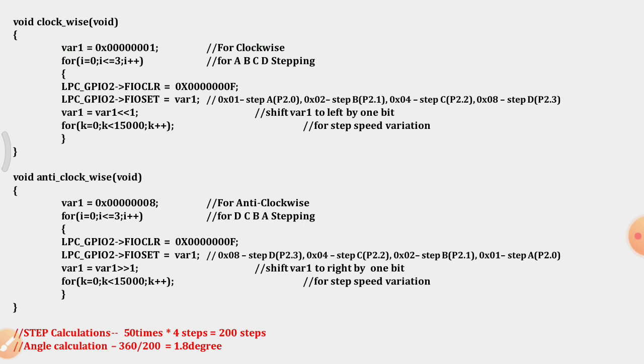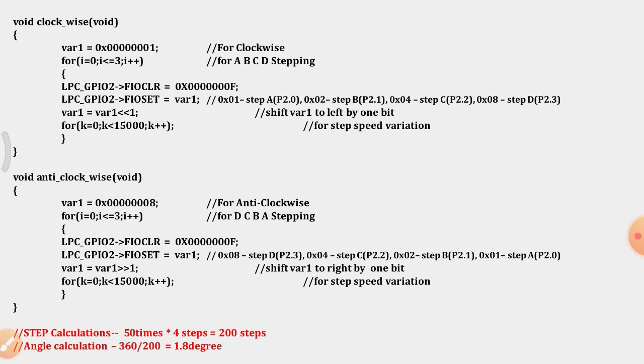So after this 4 times there is a delay time, that is I am stopping the clockwise and then I am going to anti-clockwise now. In the beginning, the same variable var1 value I am setting as 8 for anti-clockwise purpose.